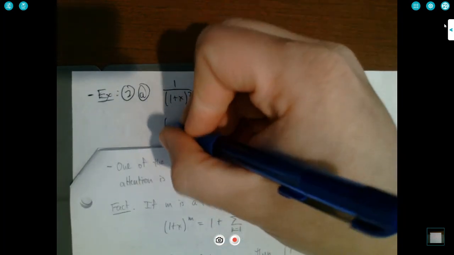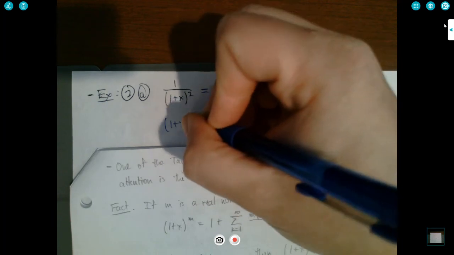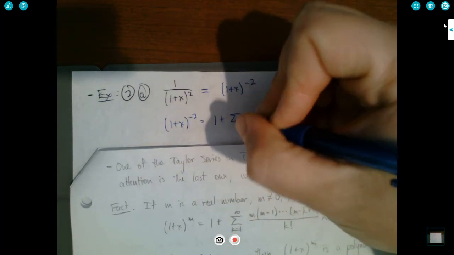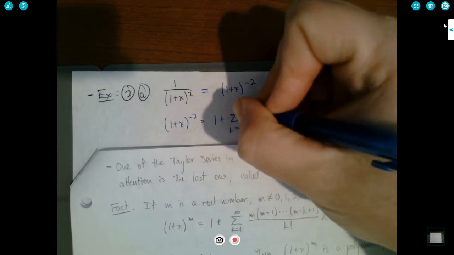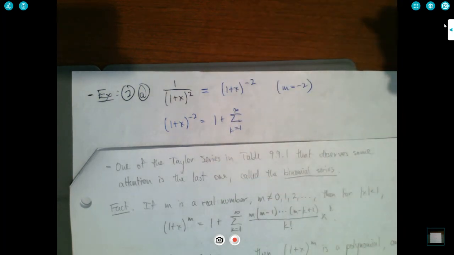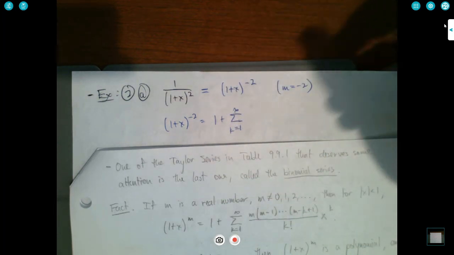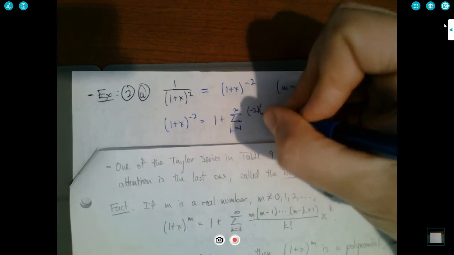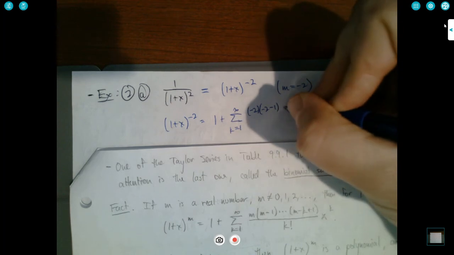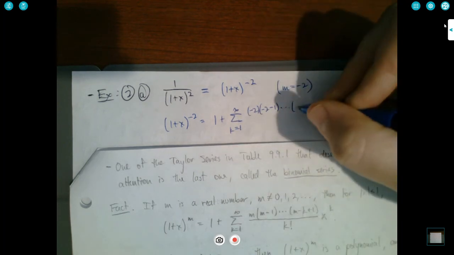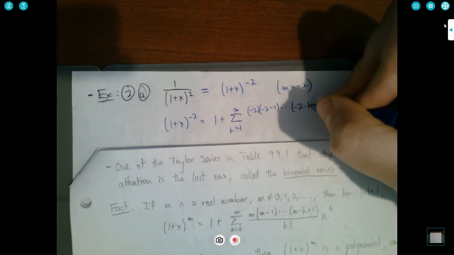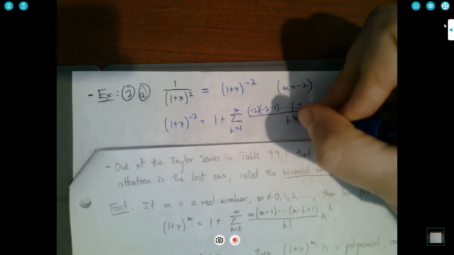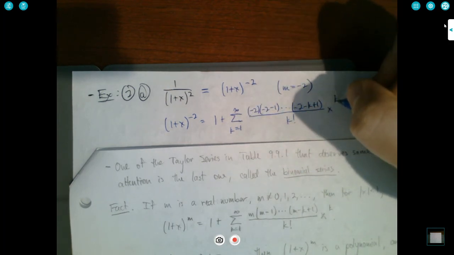So (1 plus x) to the negative 2 is going to be 1 plus the sum from k equals 1 to infinity of negative 2 times negative 2 minus 1, and so forth, all the way down to negative 2 minus k plus 1, over k factorial x to the k.